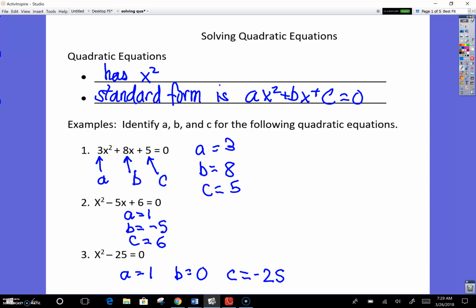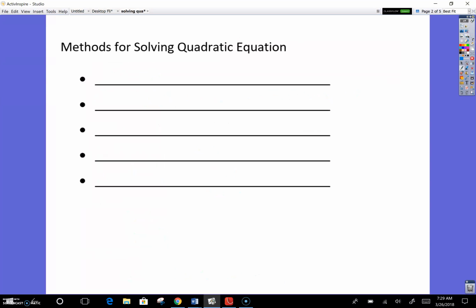So the first thing you really need to understand is what the a, b, c are. Now, there are 5 different methods of solving a quadratic equation. The first method is by factoring. This I will show you tomorrow. The second way is by square root.